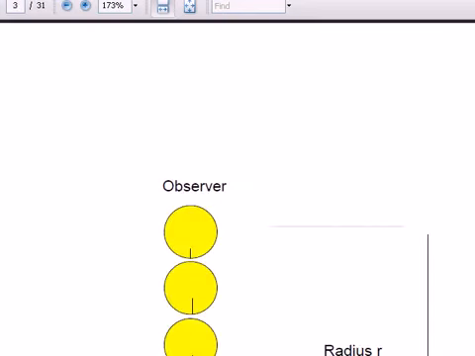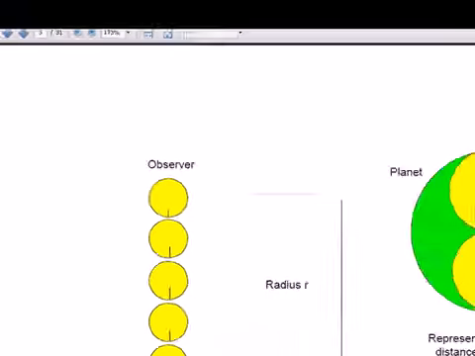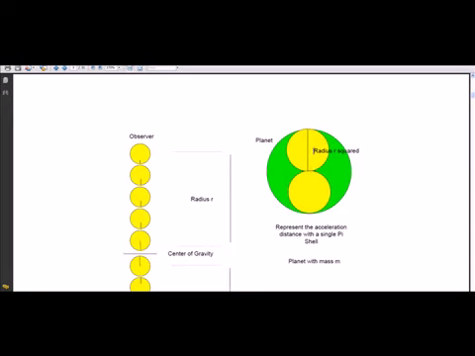You square the radius because what you're trying to do is build a pi shell, which is described here. And in the pi space theory, if you want to get from a diameter, even though it's the radius of the planet, it's actually a diameter of a pi shell, which is the center of gravity to the edge of the planet.